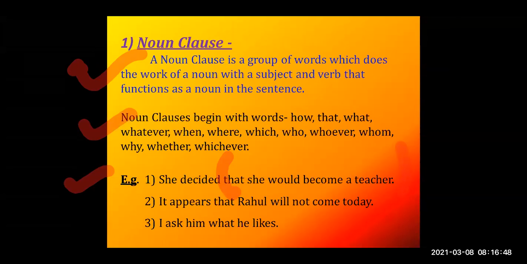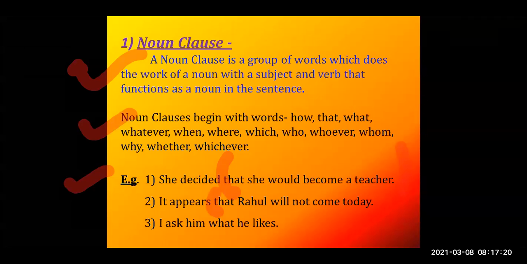Second example: it appears that Rahul will not come today. Now, that Rahul will not come today is working as a noun clause. And here, which is the subject? Rahul is the subject, and will not come is our verb.